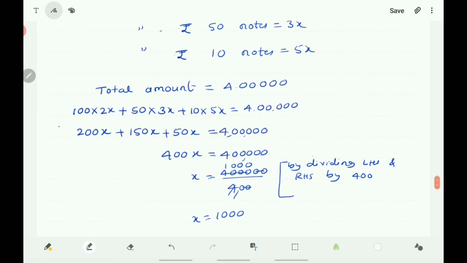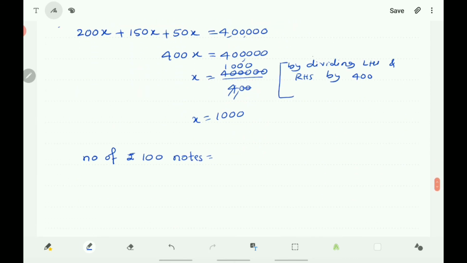That is how much here? It is 2x, that is equals to 2 into 1000, that is equals to 2000. 2000 100 rupees notes are there.